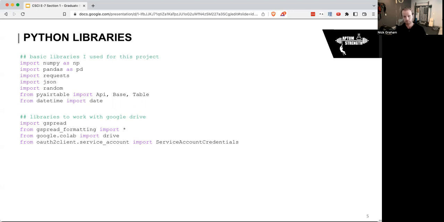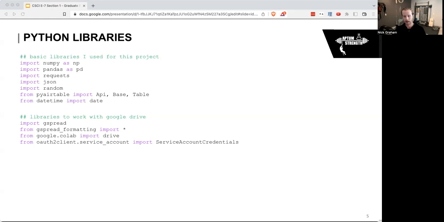I used the random library. This allowed me to create the variation in terms of exercises that I chose from day to day. And then I also used the pyairtable library, which is a library for handling the Airtable APIs. So as I'll show a bit later in the presentation, I built out some workout tables in Airtable. It's just an easy database to work with.